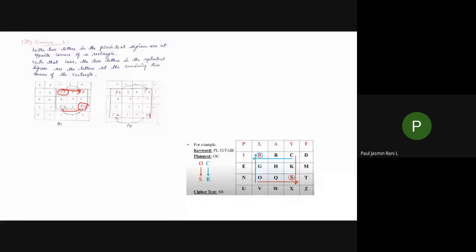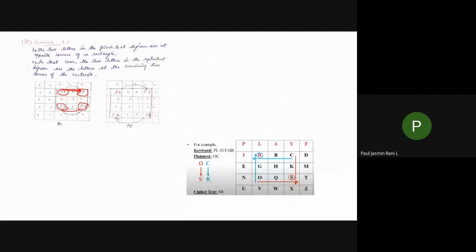You have to consider the ciphertext only from left to right or from right to left. So for P1 this corner will be C1, and similarly for P2 this corner will be C2, the ciphertext of P2.